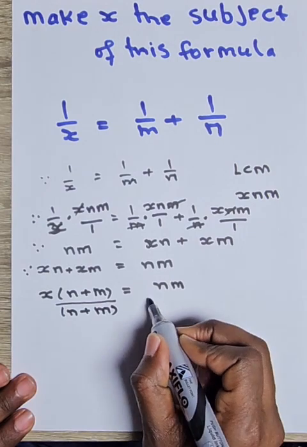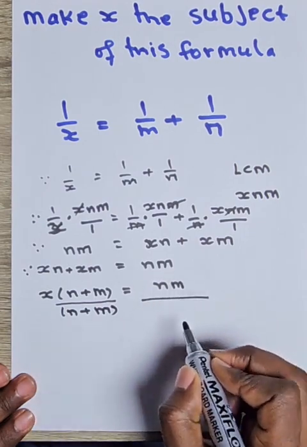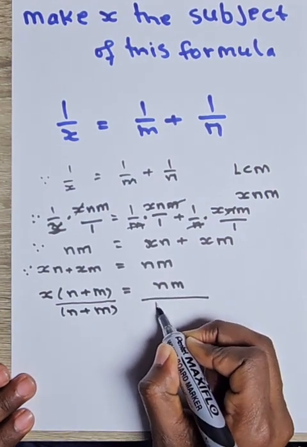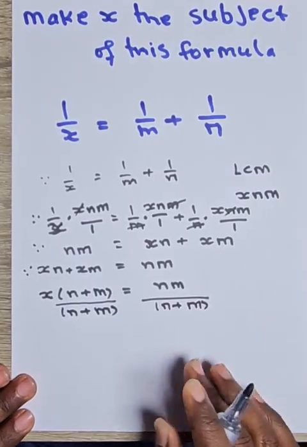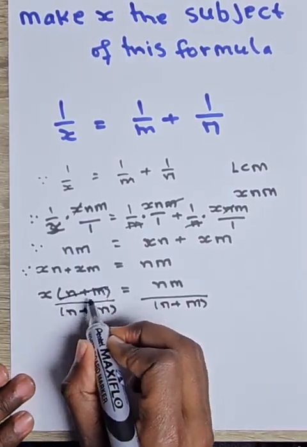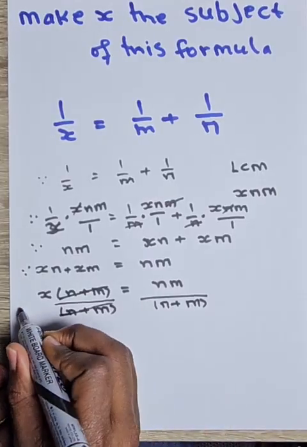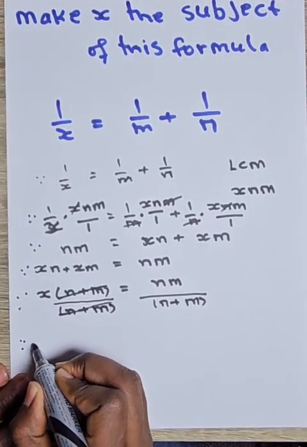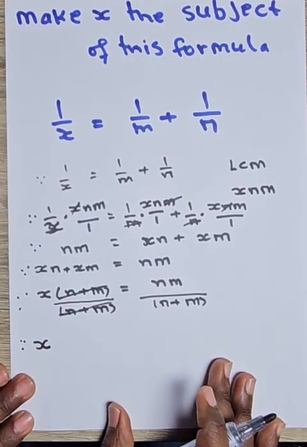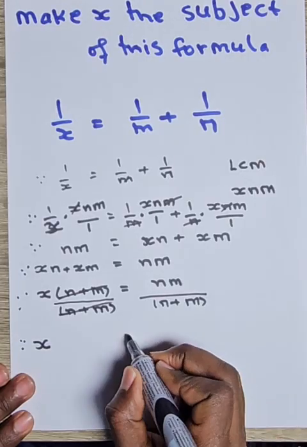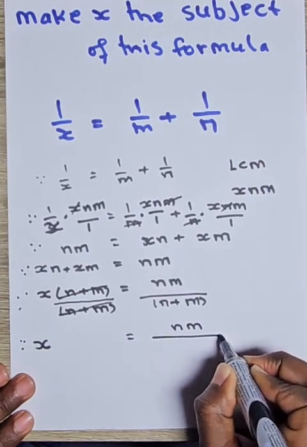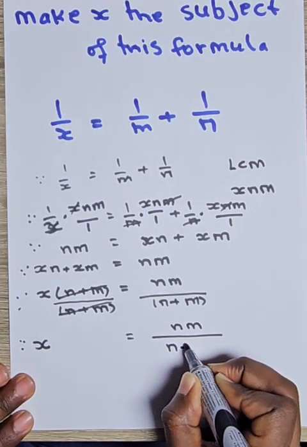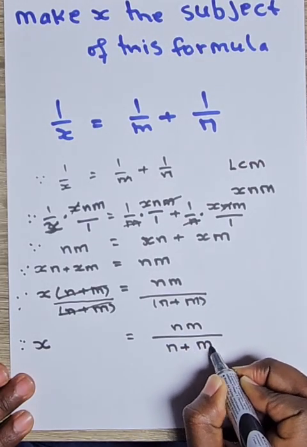Remember to do it to the other side too. And nm we're going to divide by the same bracket, n plus m. Now cancel out these factors. We're going to therefore have only our x, which is what we wanted, equals n m over n plus m.